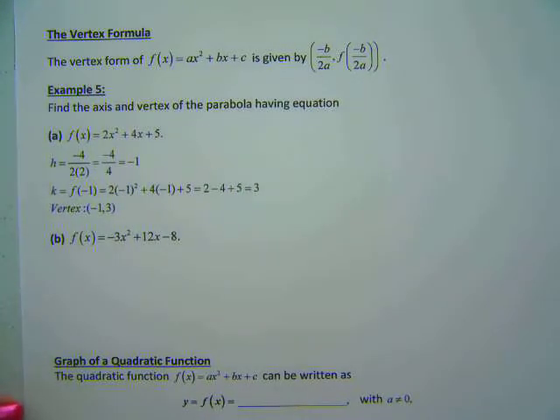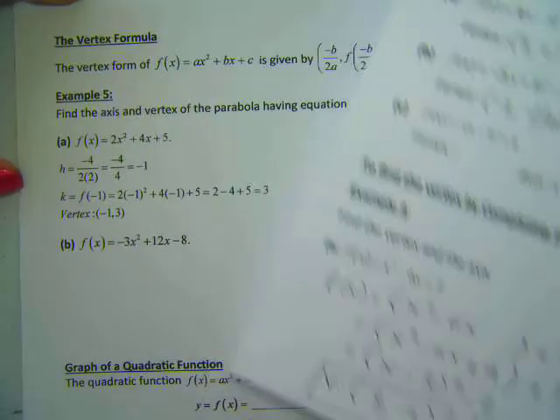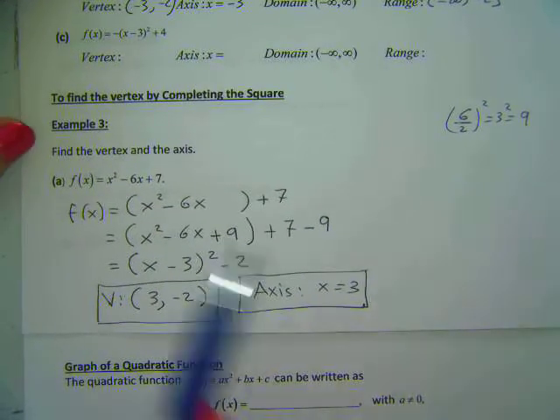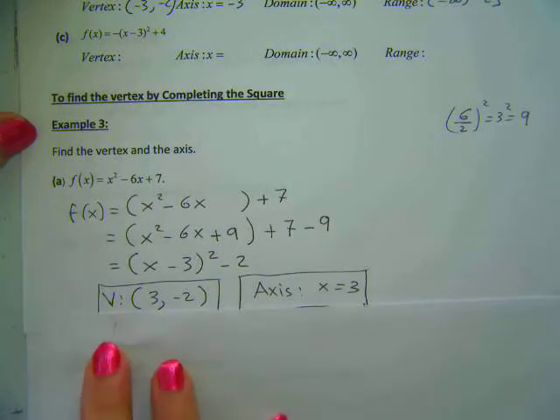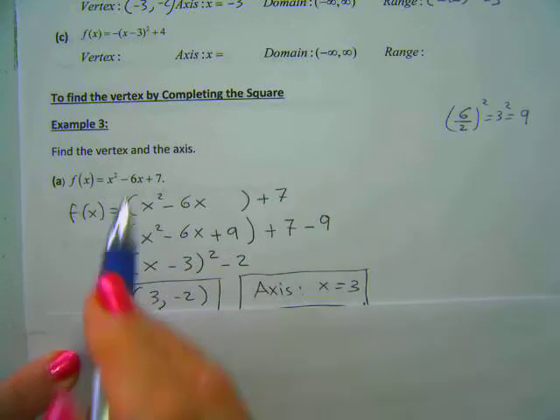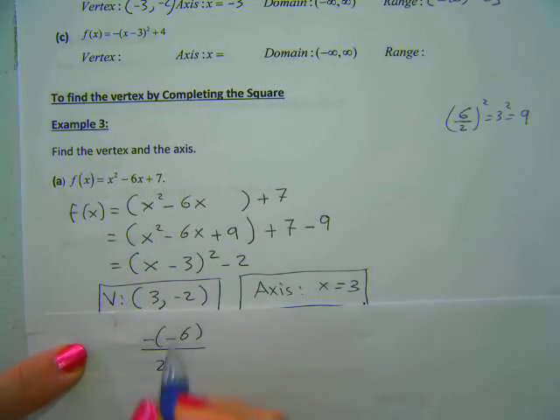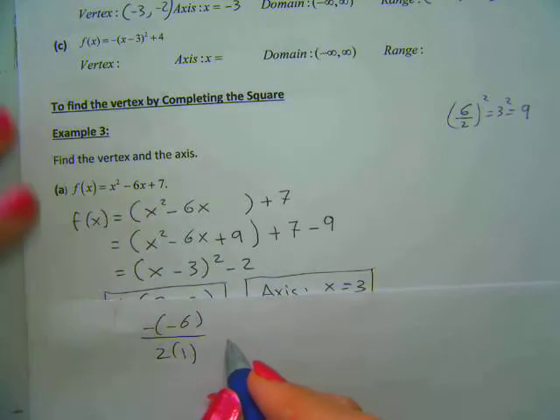So before I do the examples of these, just to show you, since we've done one already in completing the square, if I wanted to do this one by this method, let's find what is negative b over 2a. So b is negative 6. So it's negative negative 6 over 2 times a is 1. So what is that?